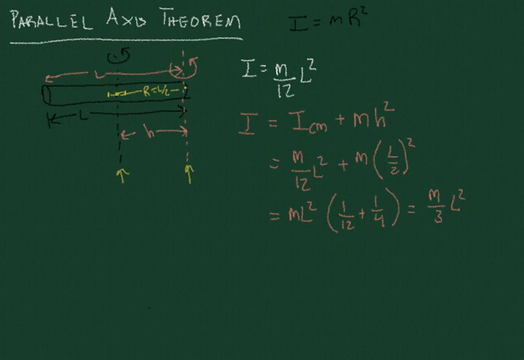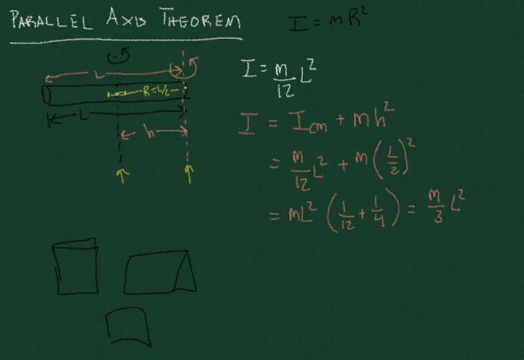So we notice something very important here. The orientation of an object makes a great difference in what its moment of inertia is. That's not true for mass. It doesn't matter how you're holding an object. If I have something like a textbook upright, it has the exact same mass as if I turn it on its side like this, or if I open it.